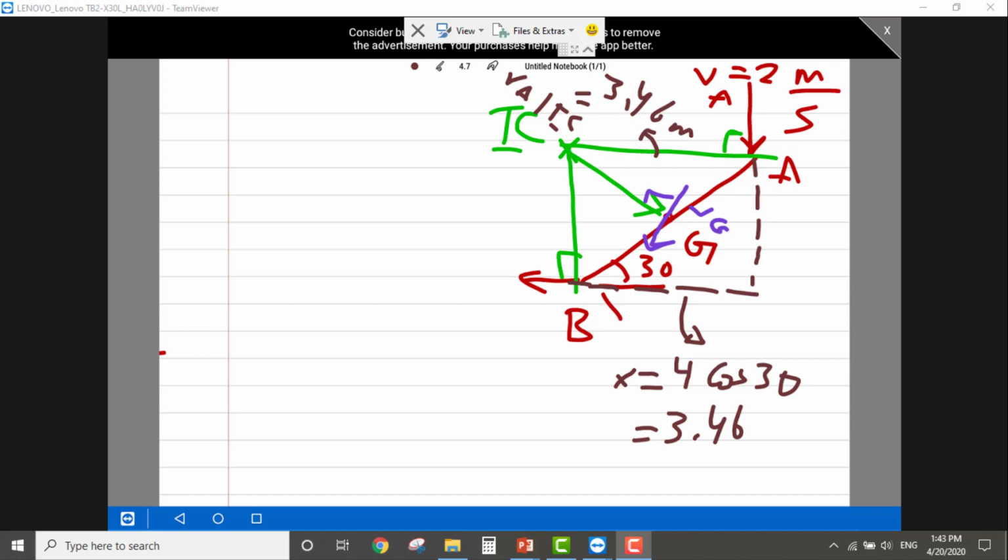Now this length I will name it Y, and this Y is equal to 4 sine 30, which is 2. So this length is 2, and it is equal to RB with respect to IC.